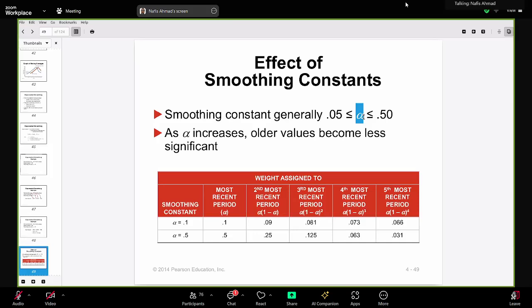If we think the impact of the most recent data is more significant, then we can increase the value of alpha. If we decrease the value of alpha, it will decrease the significance of the most recent data.